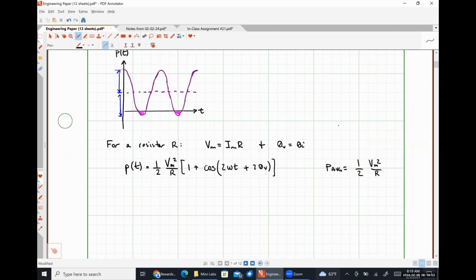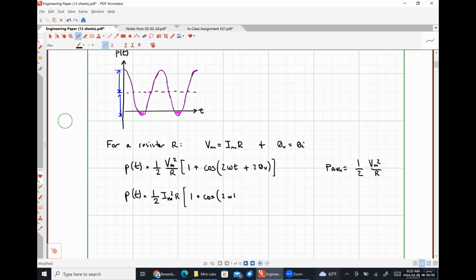We can do something similar to put everything in terms of just the current. So the 1/2 is just going to look like 1/2. VM could be expressed as IM times R. We multiply that by IM, giving us IM squared times R. Cosine of 0 is still 1.